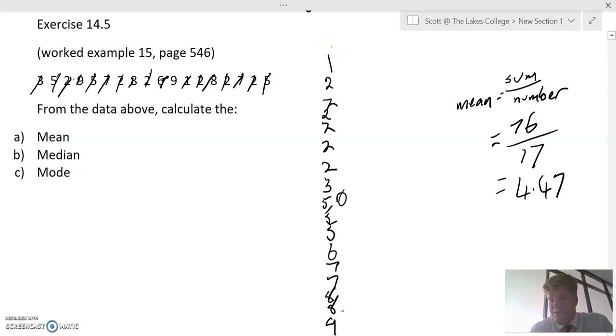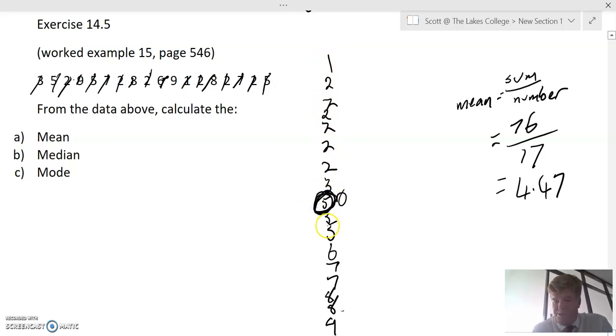So the median is going to be right in the middle. We can count our way in, 1 on either side, 2, 3, and so on, but I know that it's going to be the 9th term. So with 16 others, it would be 8 on either side. So the 9th term is in the middle. 1, 2, 3, 4, 5, 6, 7, 8, 9 is the 5. That's our middle term.